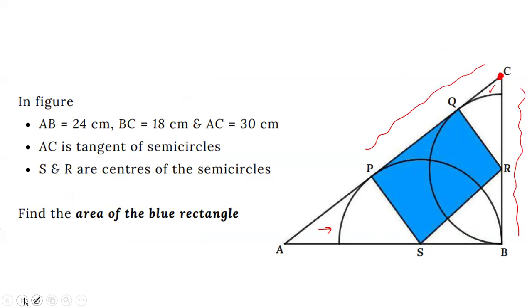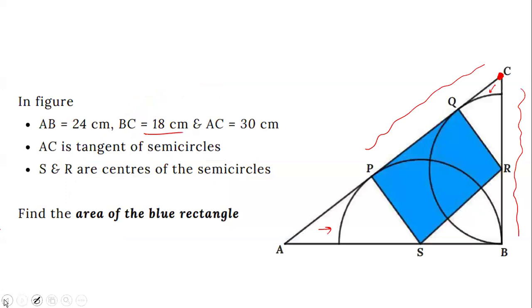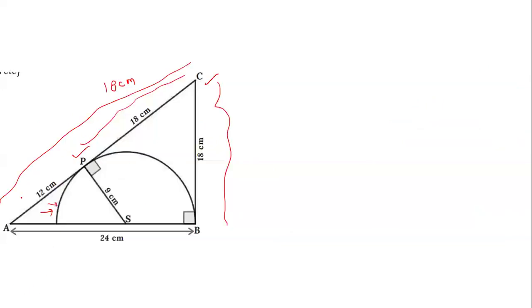These both are tangents, and BC length is given as 18 centimeter. So if this is 18 centimeter, then this tangent length from point C to point P must also be 18 centimeter. These both are the same. The whole length AC is given to us as 30 centimeter. So the remaining after subtracting 18 is 12 centimeter.